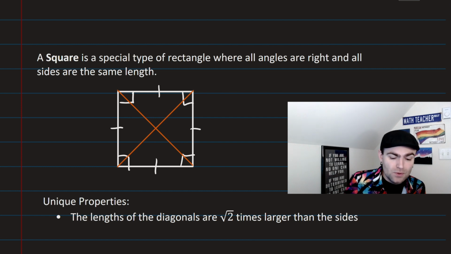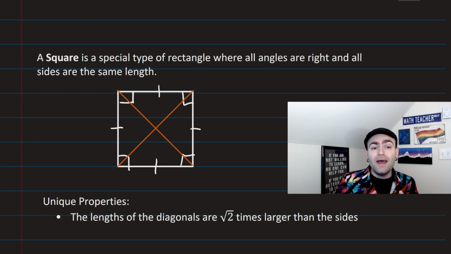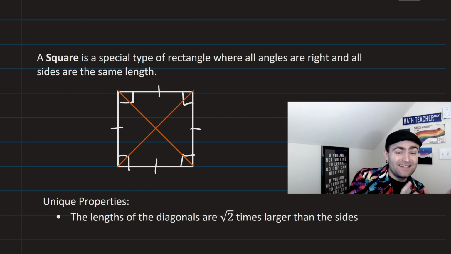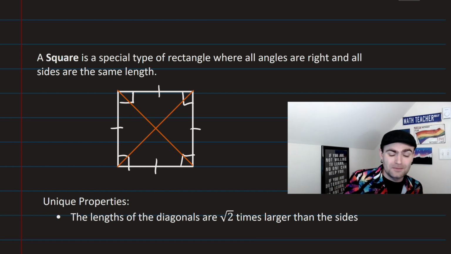They are root 2 times larger than the actual side length of the square. We kind of discussed that in our 45-90 video of why that is, but that's the only really extra thing you get from a square besides knowing that all of the sides are the same length and all the angles are 90 degrees, which are part of its definition.